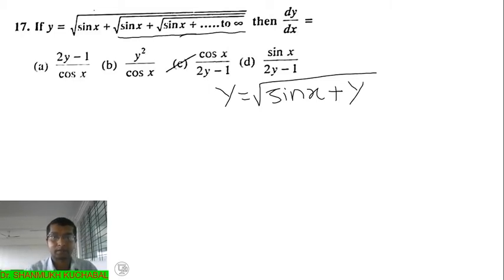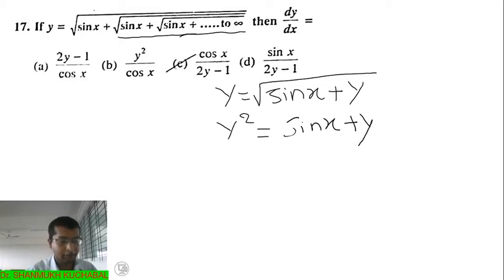It is the same expression. In order to find the differentiation in a very simple way, we have to avoid the square root. So square on both sides, we get y square equal to sin x plus y. So now we differentiate. Y square differentiation is 2y dy divided by dx.